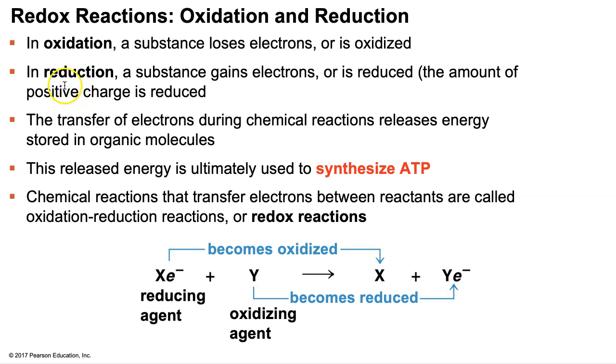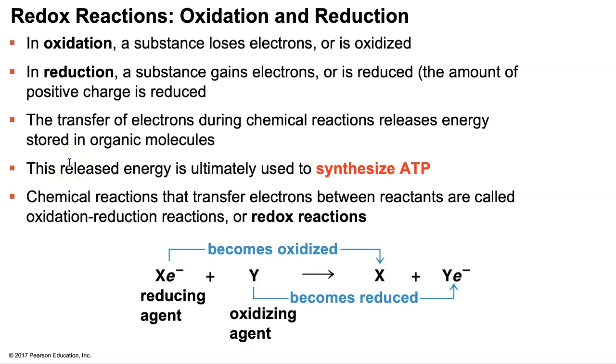So together, this is a redox, reduction-oxidation reaction, because if one is happening, the other also has to happen. If I'm holding an electron and I give it to somebody else, I was oxidized, I lost my electron, and they simultaneously were reduced.